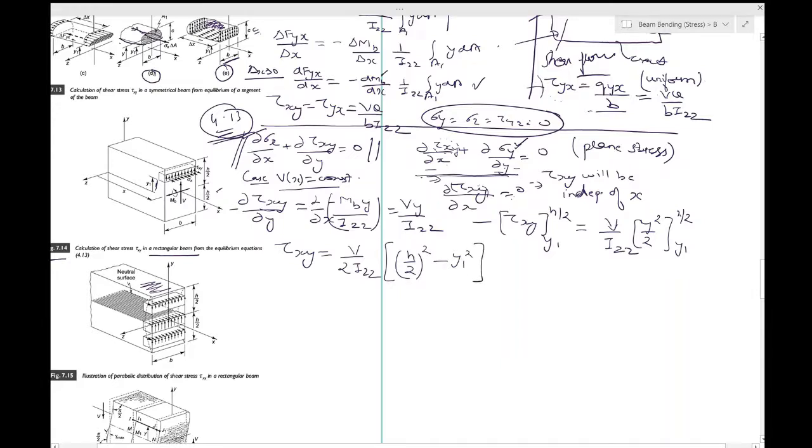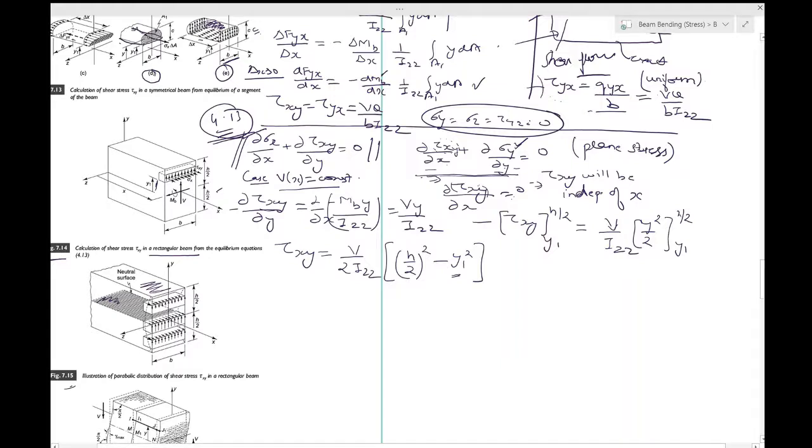The shear stress is, as you see, maximum at the neutral surface. The neutral surface is shown in figure 7.15. Why is it maximum? Because y1 is 0 over there, so tau xy will be maximum, and it falls off parabolically as illustrated in 7.15.